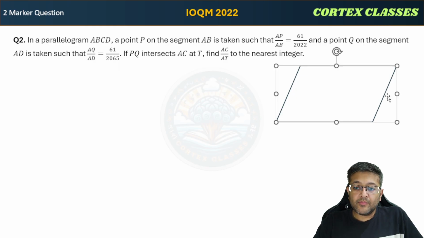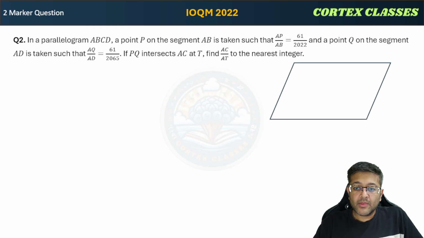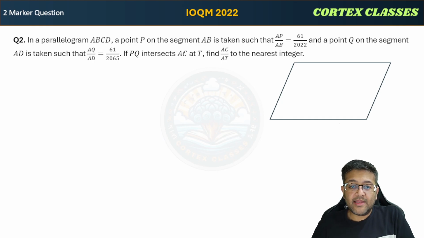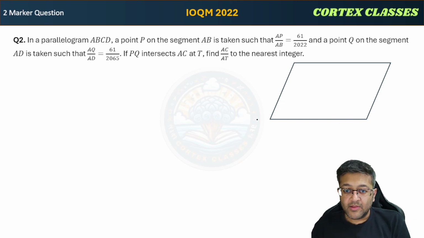So this is the parallelogram that we have. Let's say it is ABCD. So this is A, B, C and D.